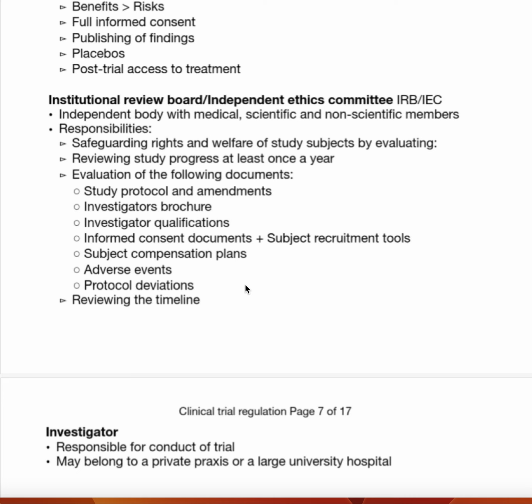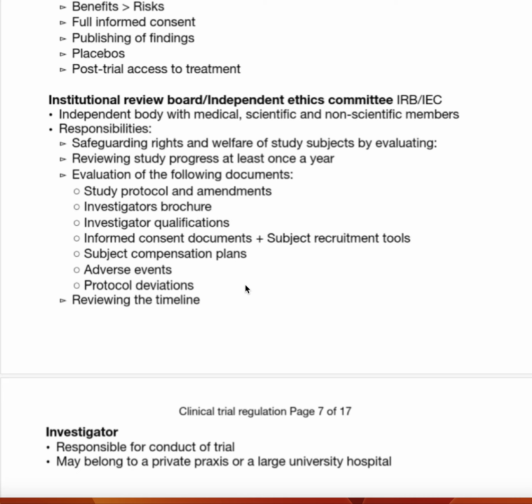So all these are the responsibilities of the IRB-IEC, which is responsible for ethics. We can say maybe four things. The first one, safeguarding rights and welfare of study subjects, reviewing the study progress at least annually, evaluation of the following documents, and I will discuss the documents, and also reviewing the timeline.